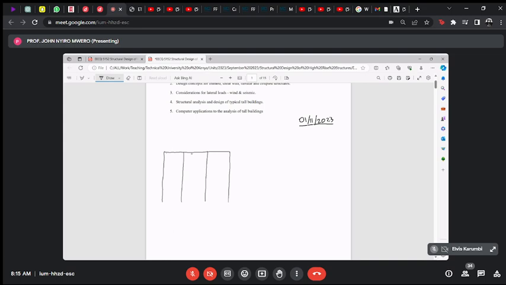I've got another frame, same dimensions. It's just a beam and a series of columns.